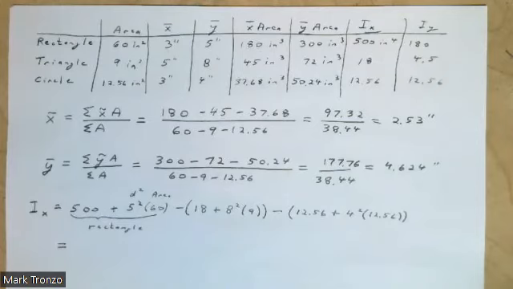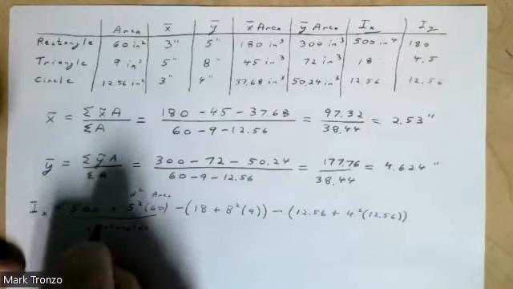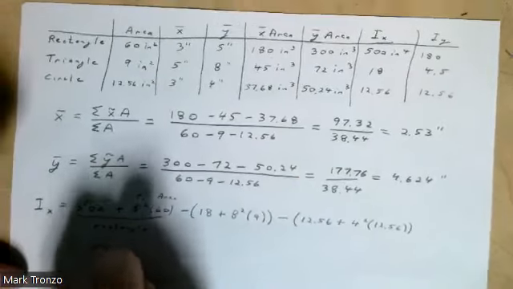And let me just calculate these. 25 times 60. And this all comes out to be 2,000 over here.